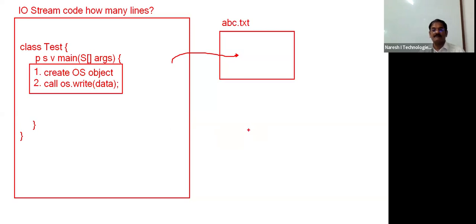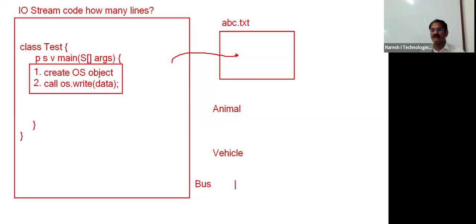Now I have a question. I have an animal. Is animal really animal? I have a vehicle. Is vehicle really vehicle? No. Who is the vehicle? Bus is the vehicle.